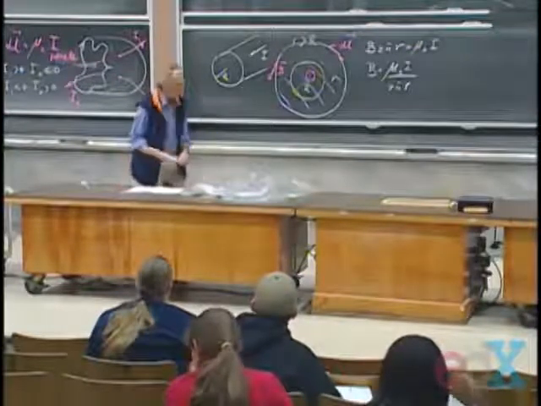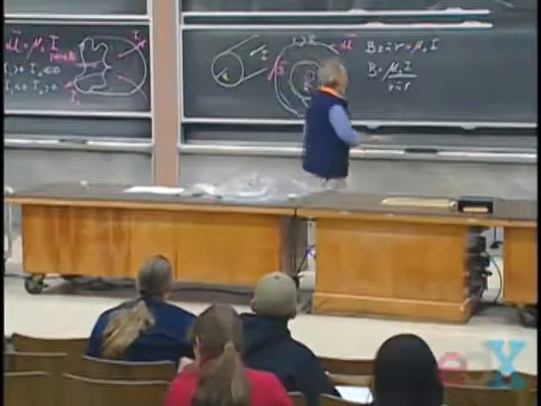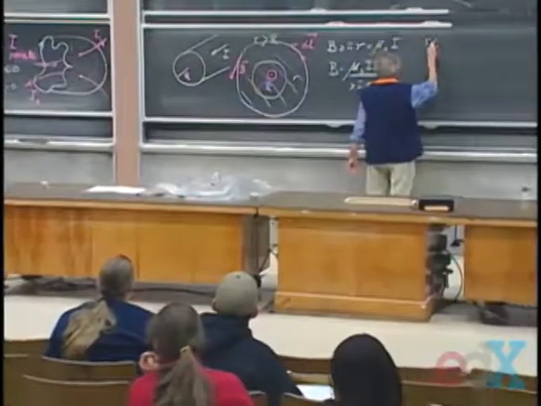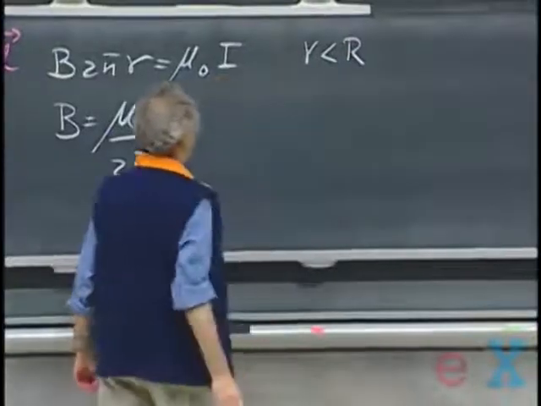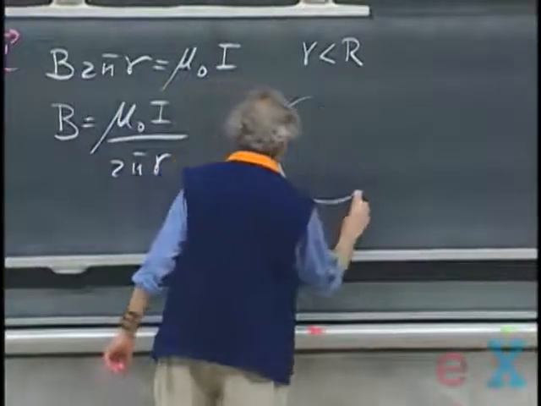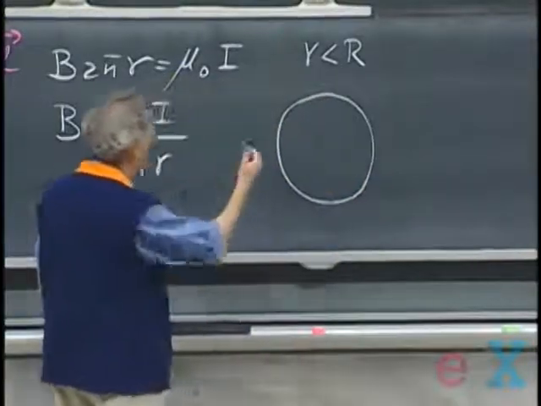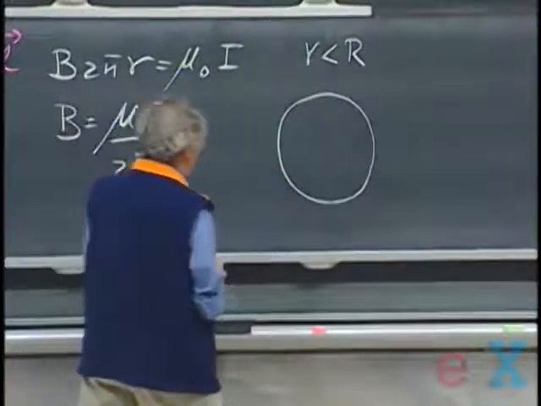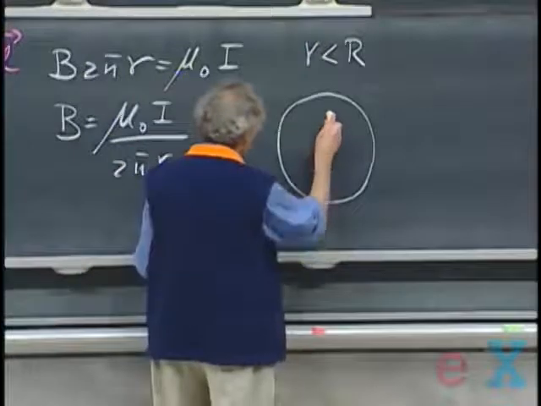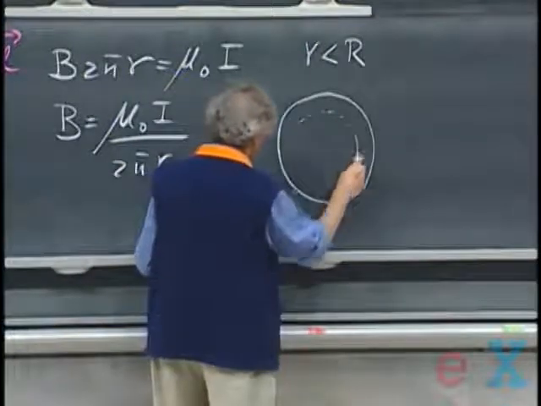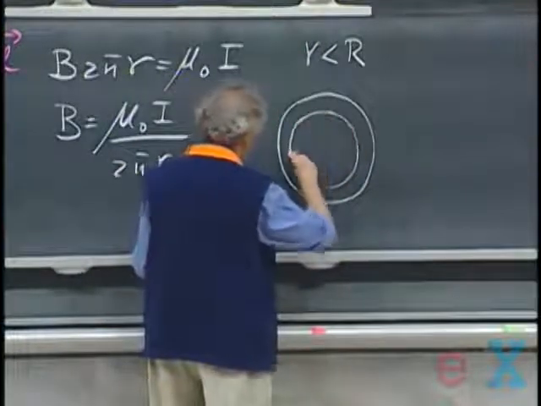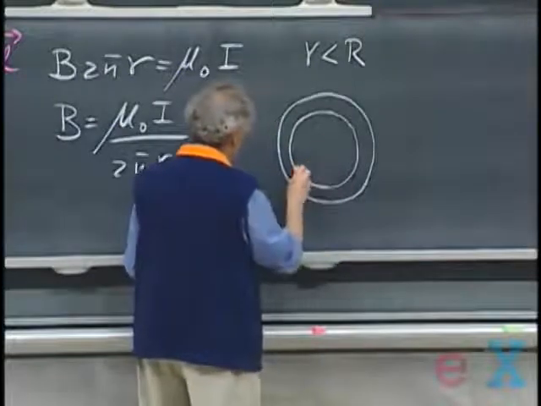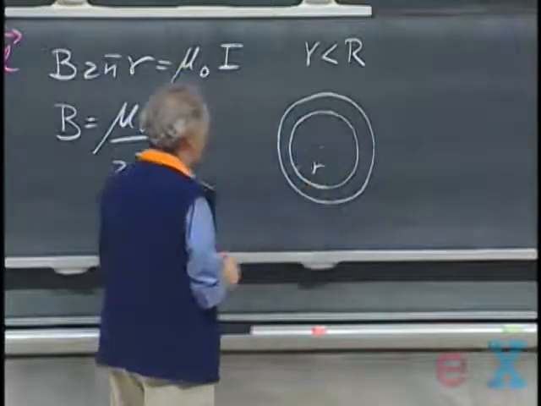But now we have a way of finding the magnetic field also inside the wire. So here we have now the wire again, the cross-section, current coming out of the blackboard. And now I want a radius which is smaller than capital R. And of course, my closed path, again for reasons of symmetry, is going to be a circle with radius r.